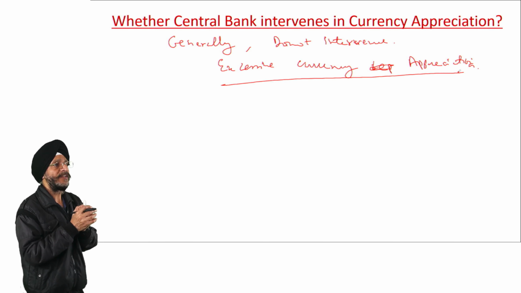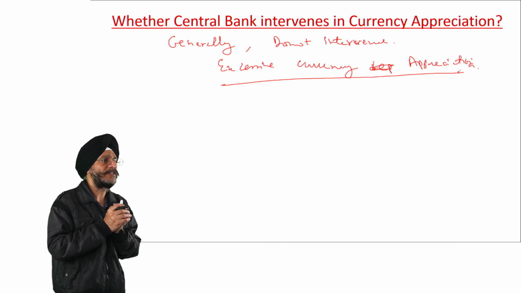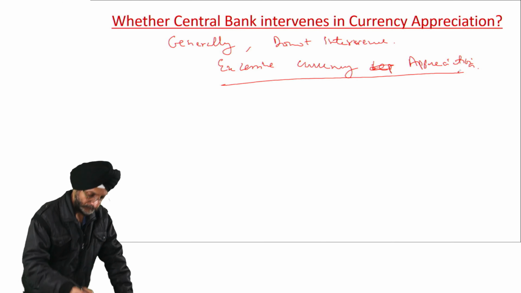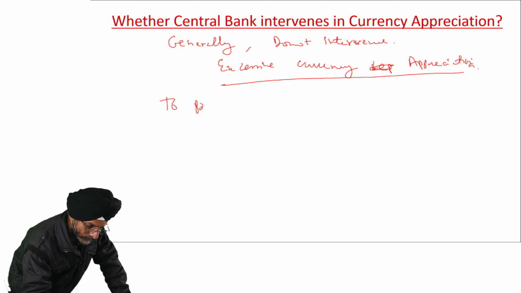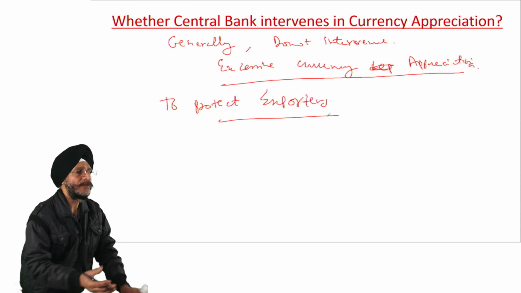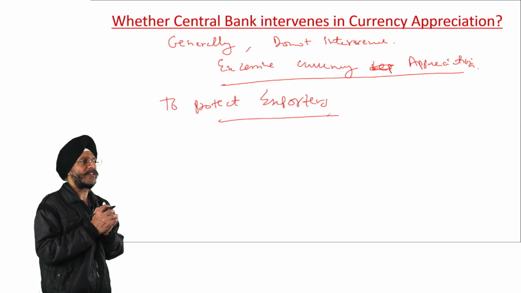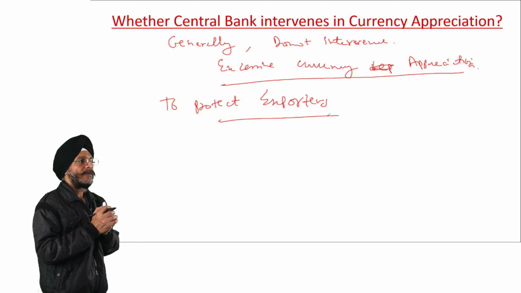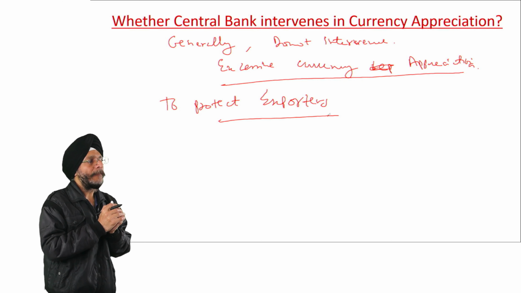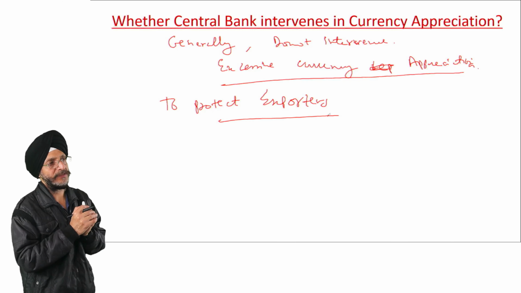Then why do they intervene in case of excessive currency appreciation? To protect their exporters, because when the currency of a country appreciates, the exporting goods become expensive for the foreign buyers.